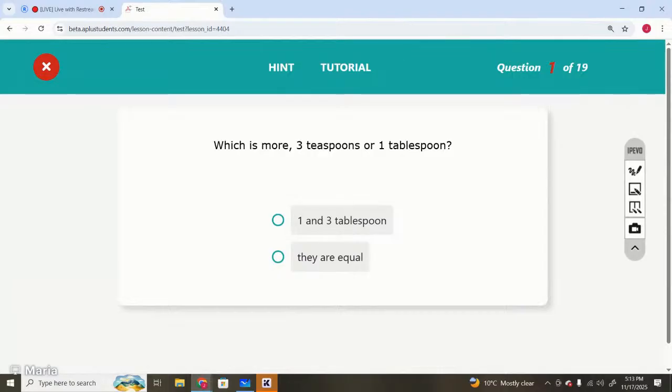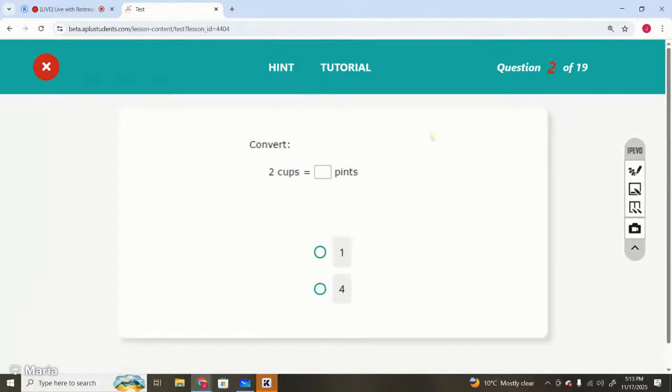Which is more, 1 tablespoon or 3 teaspoons? They are equal. 1 tablespoon and 3 teaspoons are exactly equal.